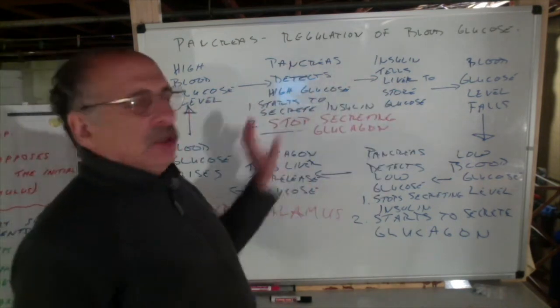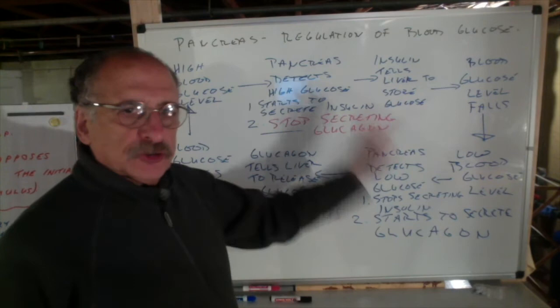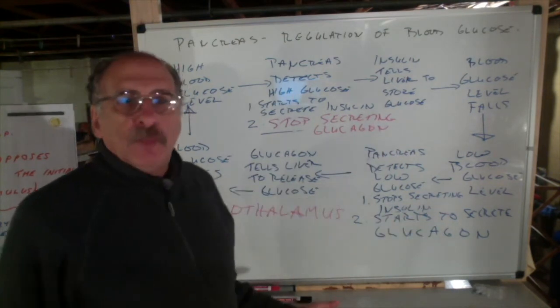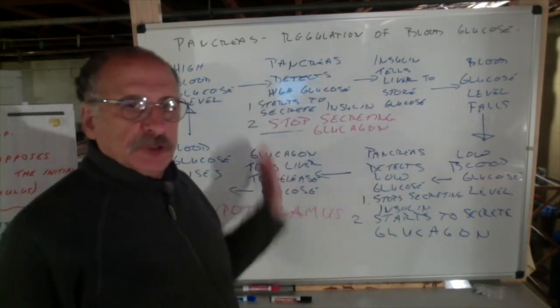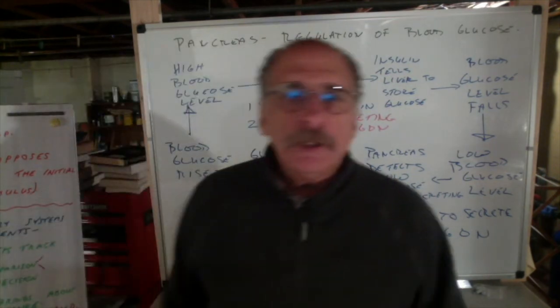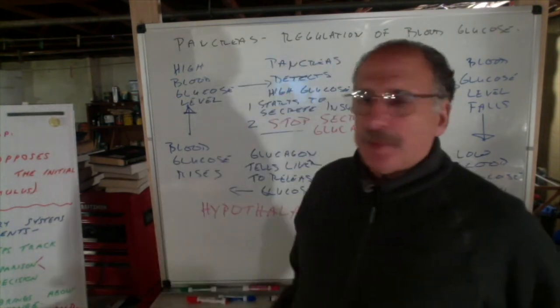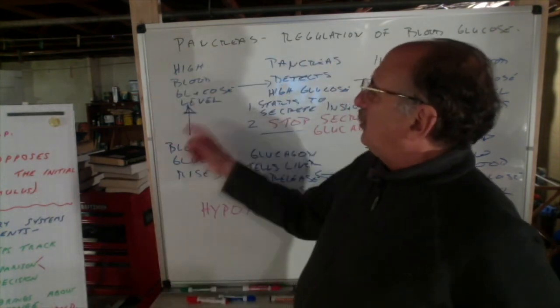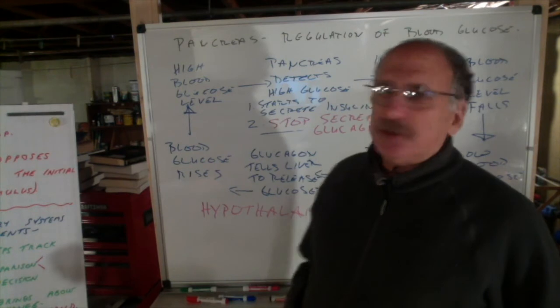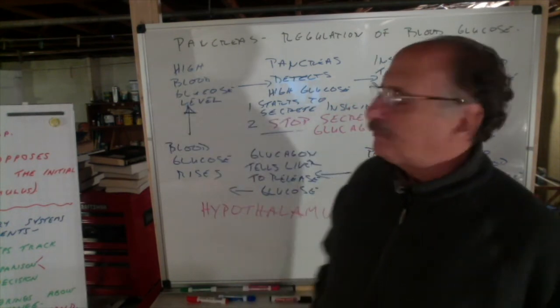Because it's a loop, once I finish telling the whole story, there's no beginning and end. It's a loop that keeps going around and around. Now, when I told the story, I had to pick a place to start. And I always pick the same place to start, which is you've eaten a carbohydrate-rich meal, and now you have a high blood glucose level.